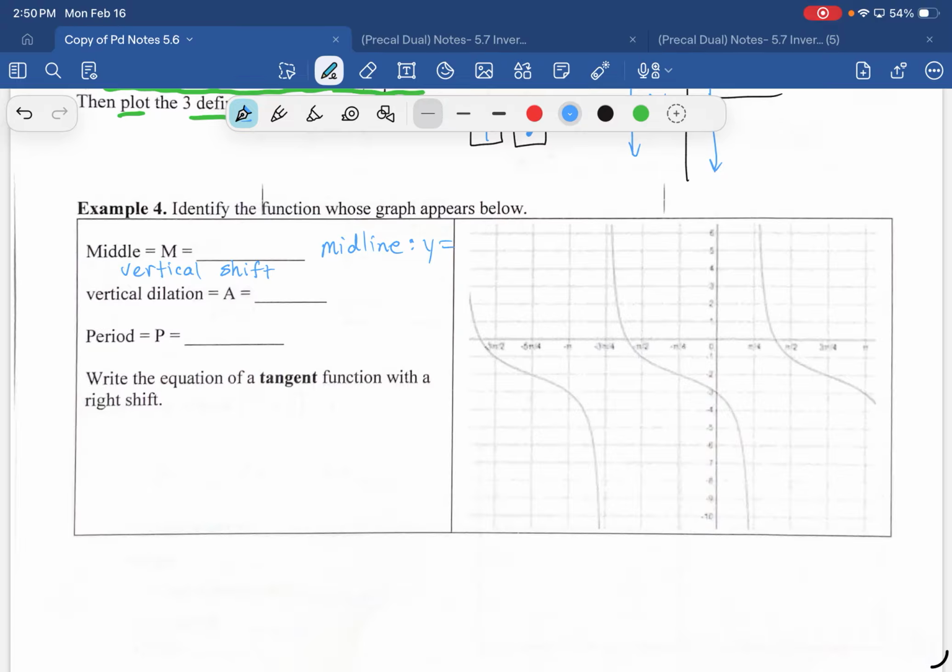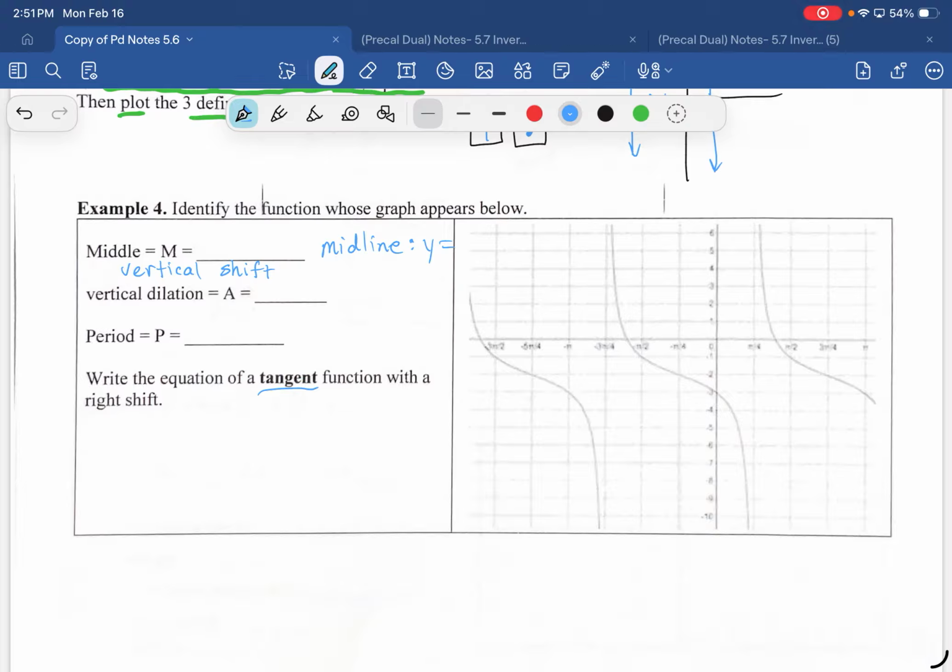If we go back to the parent graph of tangent, we are expecting the tangent parent graph to go through the origin, and halfway from that middle origin point to the next vertical asymptote was where we had the other nice point for graphing the parent graph of tangent.